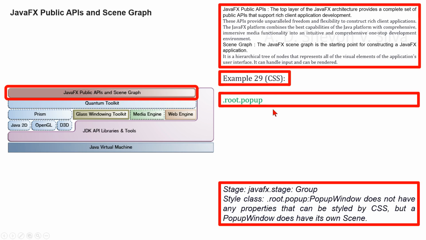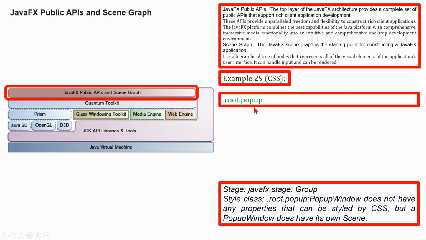Now we are considering group in javafx.stage, in stage. Style classes: root, popup. A popup window does not have any properties that can be styled by CSS, but a popup window does have its own scene. The scene's root gets the .root style class by default.